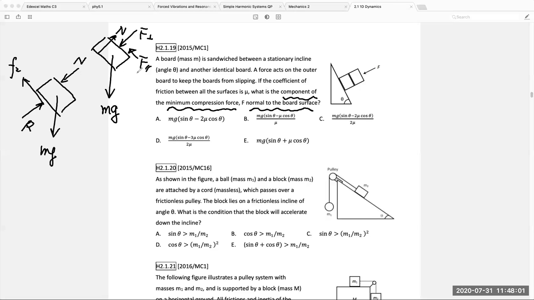So how about the direction of friction? I guess for the upper one it points downward, then the second one upward, I mean along the incline.